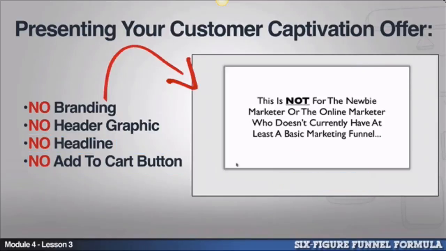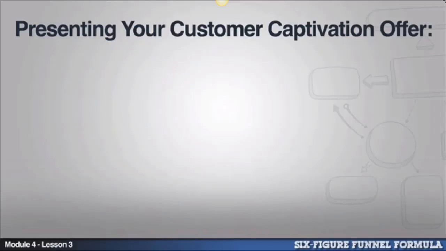And so we do not want any kind of add to cart button. We want to give them the opportunity to absorb and consume your marketing message at the beginning of your VSL. And then after we've done the marketing and we've created or leveraged that desire and you present the offer, that's when the add to cart button appears.